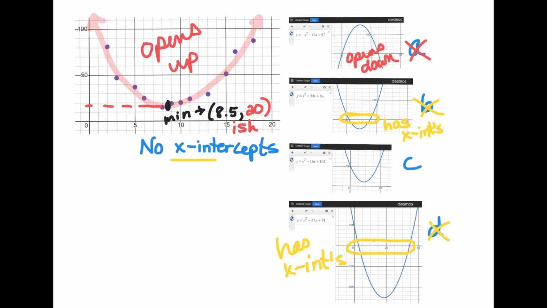So I'm going to cross out choice D as well, and I'm going to answer choice C.